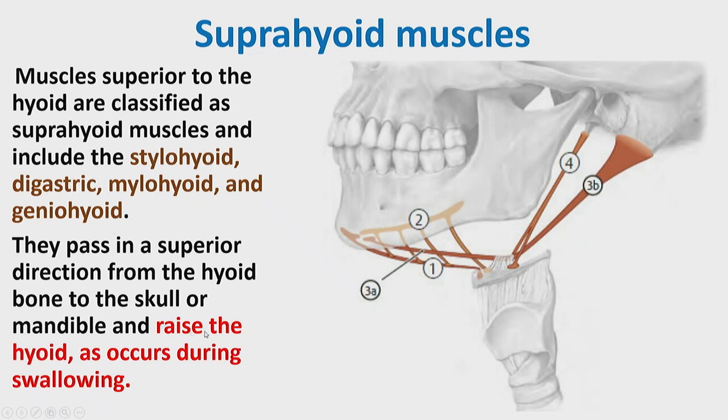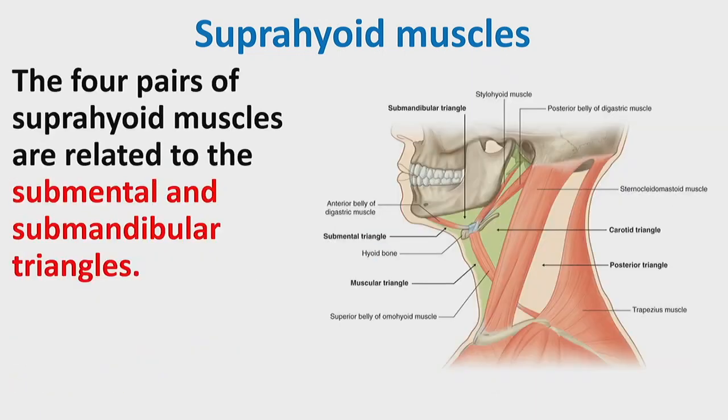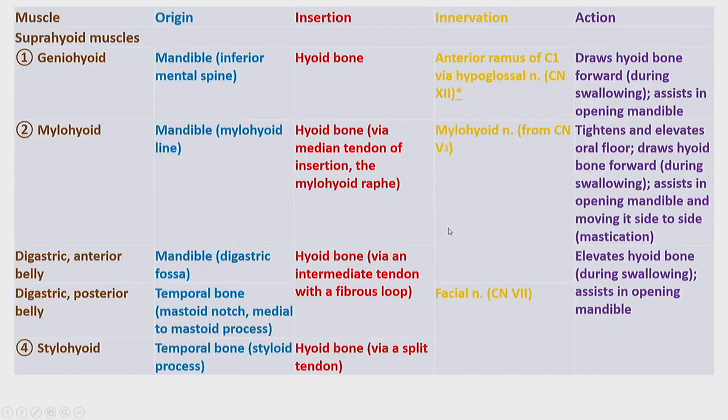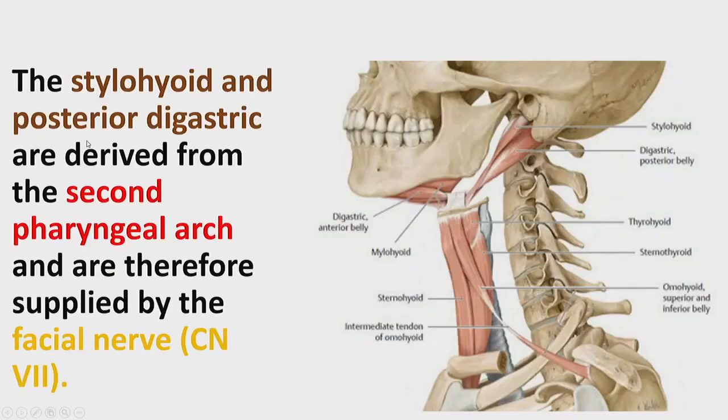The function is raising the hyoid bone during swallowing. They take part in the formation of the different triangles in the neck, the submandibular triangle and the submental triangle. This is the recapitulation of the origin and insertion of these muscles that we already mentioned. Geniohyoid we mentioned, mylohyoid we mentioned.